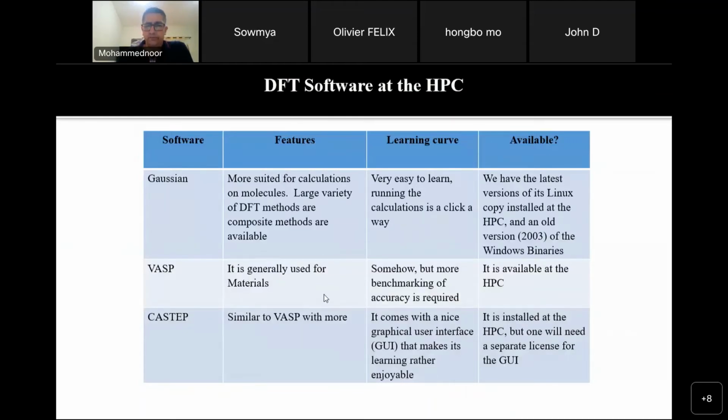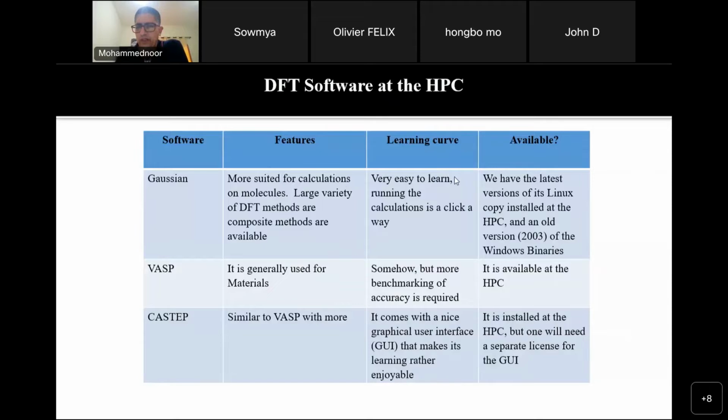Well, these are the software that students normally use for DFT. In fact, there are many software packages, but these are the most used ones. Gaussian is used in gas phase calculation. VASP is used for materials. CASTEP is similar to VASP, so it's used for materials.